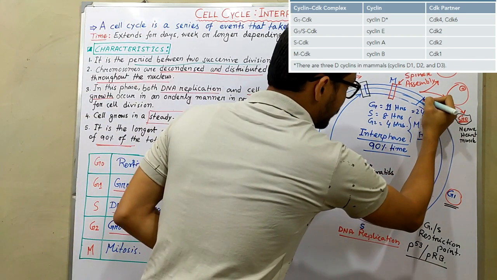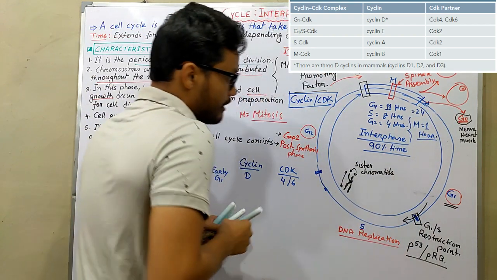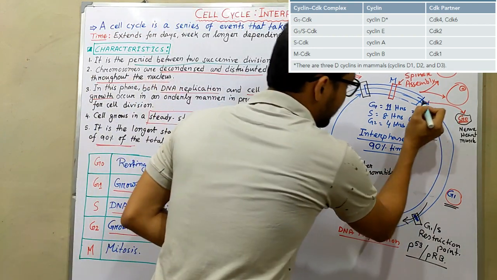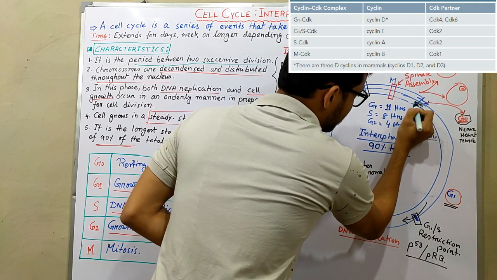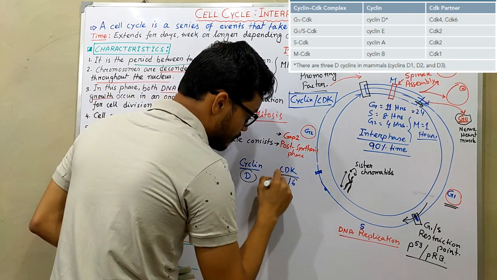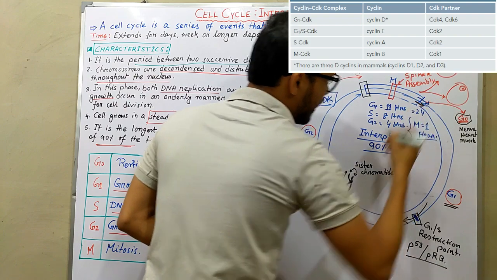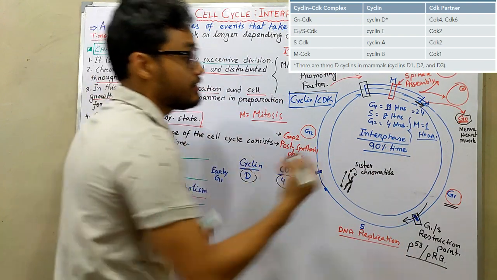When a cell enters G1, the cyclin D and CDK4 or 6 combination helps the cell to proceed further.